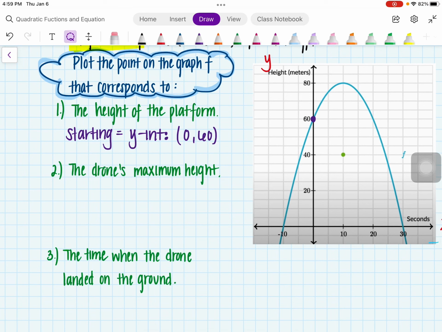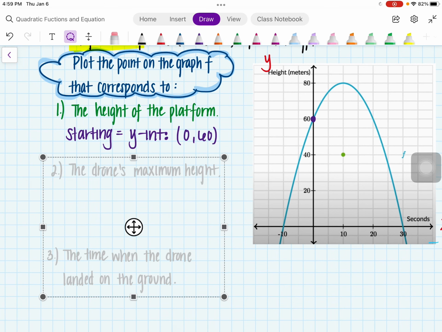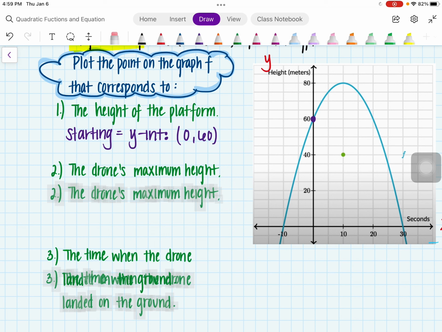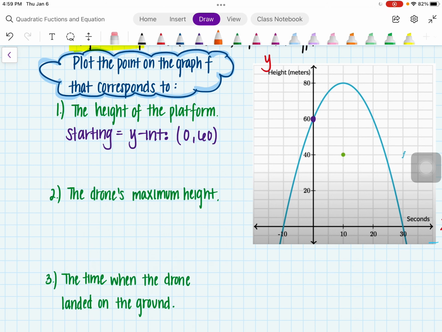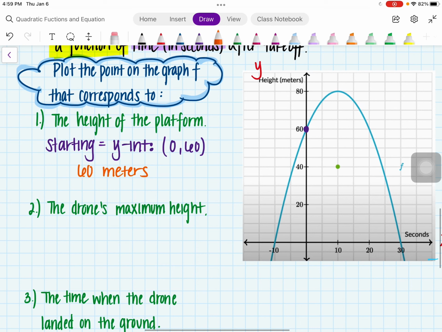The height of the platform is 60 meters. That is the height of the platform, which represents our starting point. It represents the y-intercept, so that's 60.